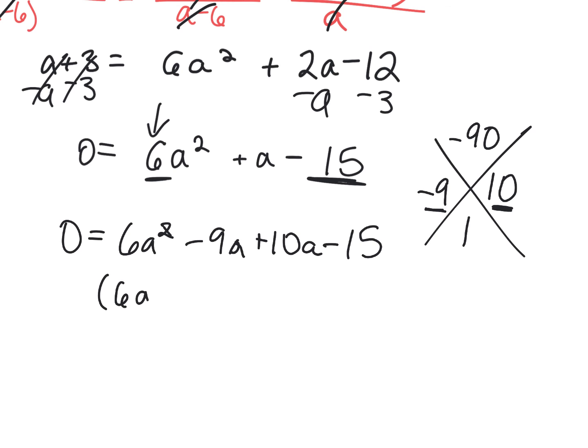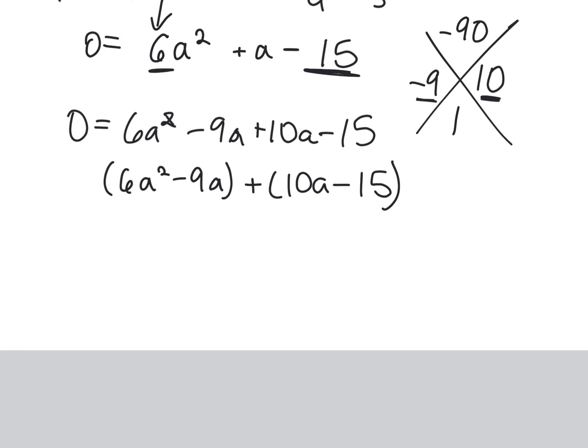We group the first 2 terms, plus sign, we group the second 2 terms. First 2 terms, 6a squared and negative 9a.